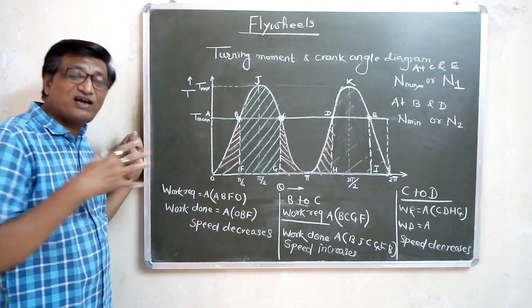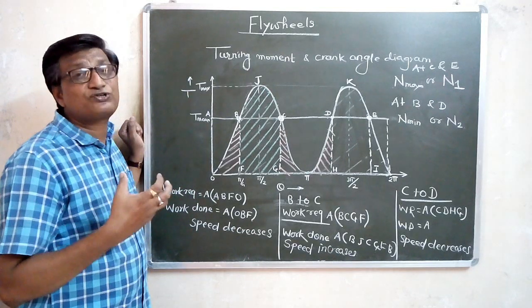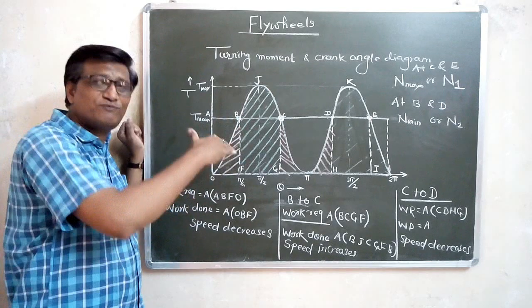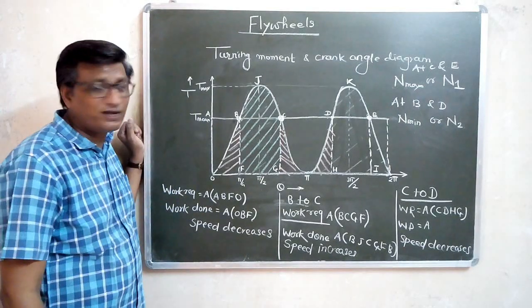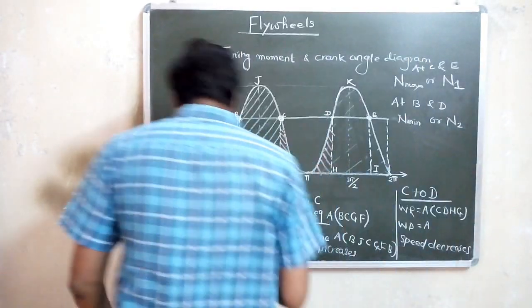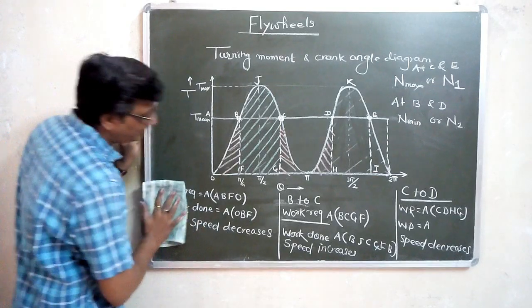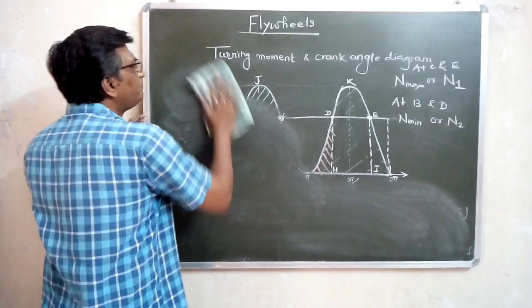So what flywheel tries to do, flywheel tries to minimize the fluctuation of the speed. You see the speed is from maximum to minimum it is going. That means there is a fluctuation of speed. Okay, so let us take another concept, that is the fluctuation or coefficient of fluctuation of speed. I think you understand this. If you want, you can pause the video and take down notes.